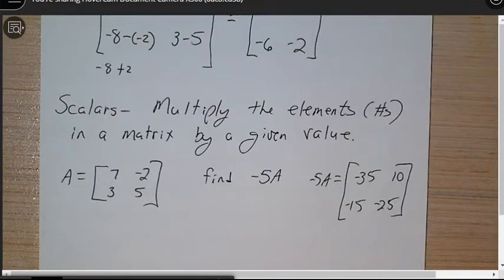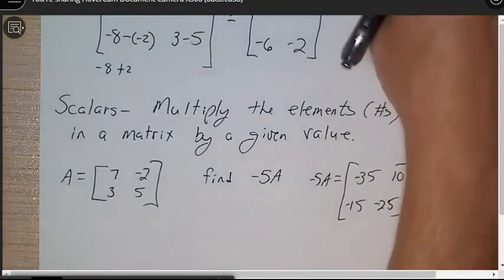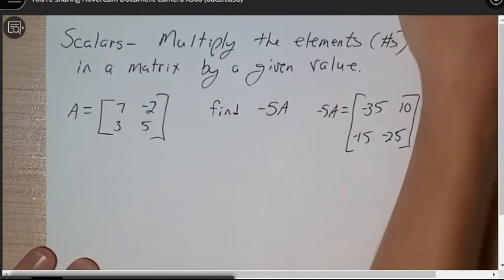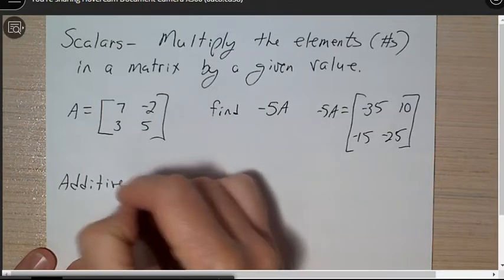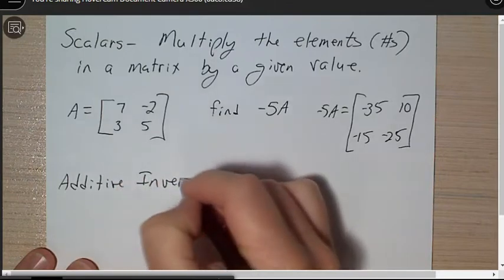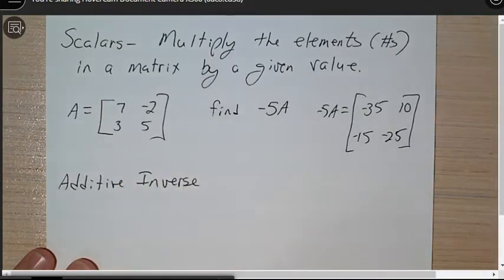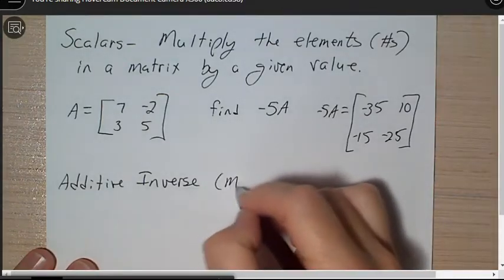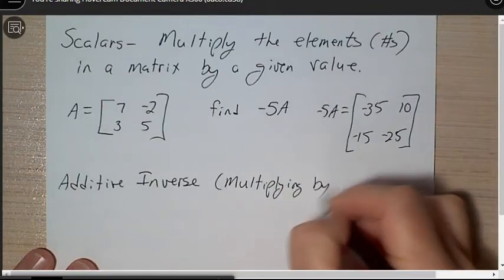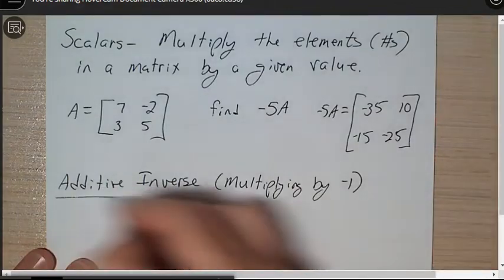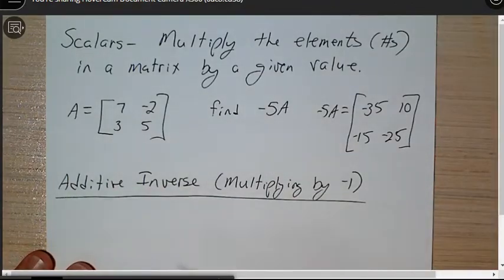Okay, now this is where it kind of ties in with scalars. They talk about a little different option here, but they call it the additive inverse. Basically, with the additive inverse, it's the same thing as multiplying by negative 1. Whenever you talk about the additive inverse where you multiply by negative 1, you're just changing the signs of all the numbers in the matrix.